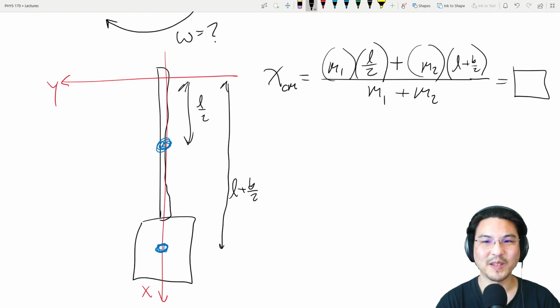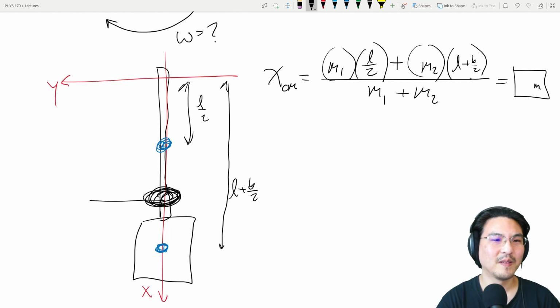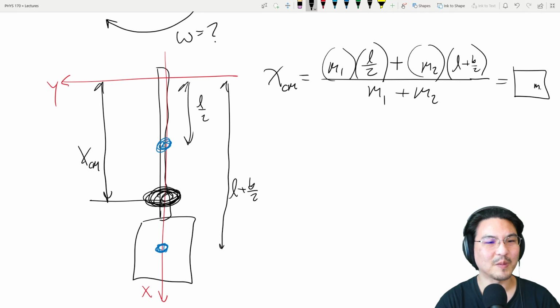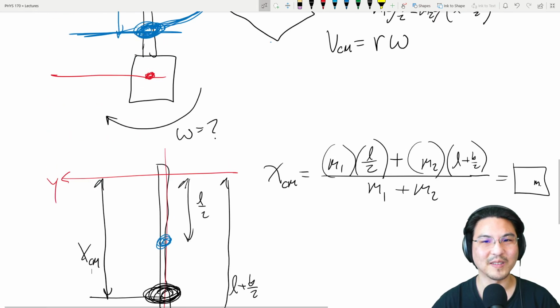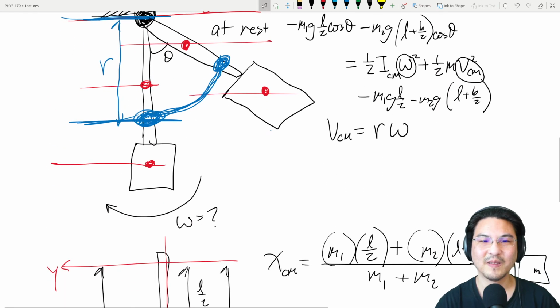So if you run this computation, what do you get? Kilogram meters over kilograms. So you get something meters, right? Which is the location of the center of mass, wherever that is. So let's say over here. Right, so this would be the x component of the center of mass, which is exactly this number we're looking for, r.